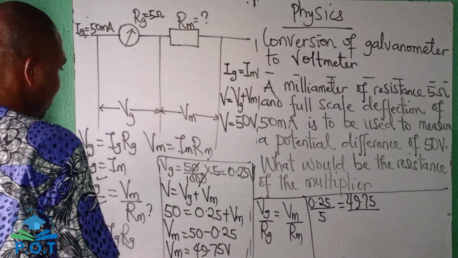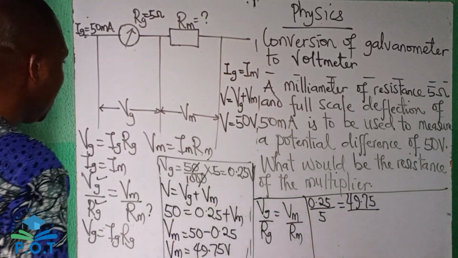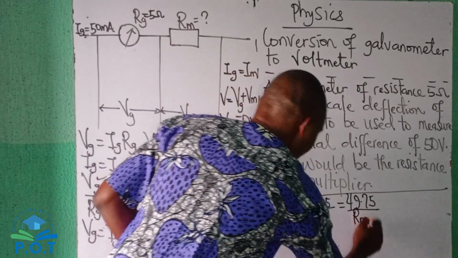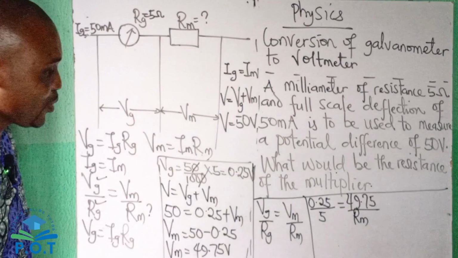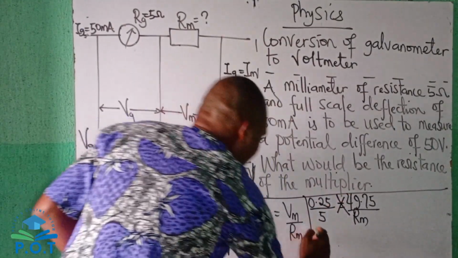My Rm, the resistance across the multiplier, is what I don't know. I'm looking for it, so that's what I'm asked to find.